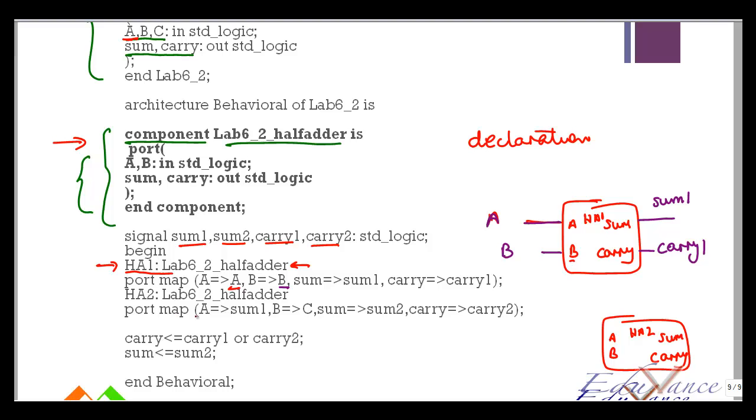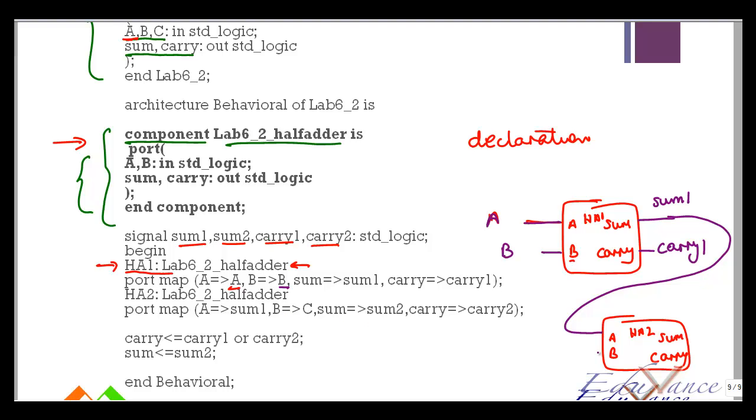Similarly, the A of my second half adder is given to sum1 of my first half adder. Remember, it was connected to signal sum1, so effectively this is what happens.